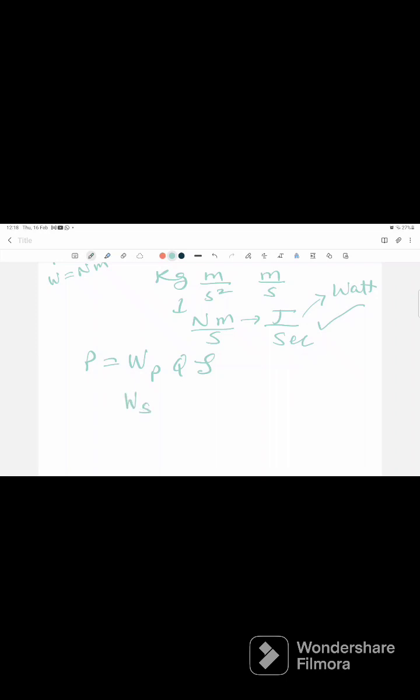And shaft work is minus infinite WP. Okay.